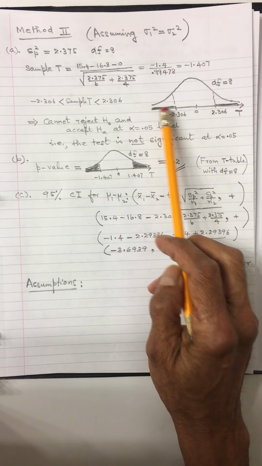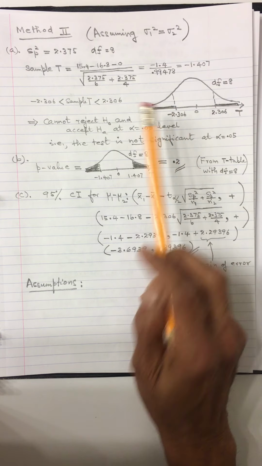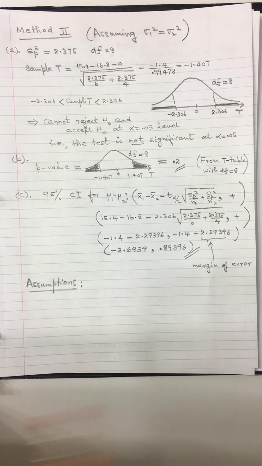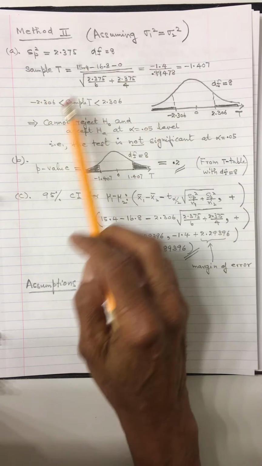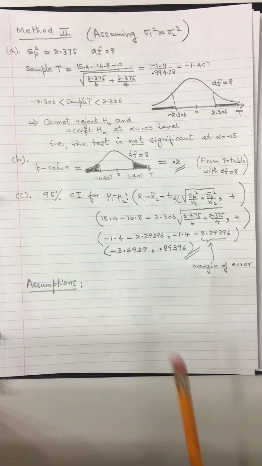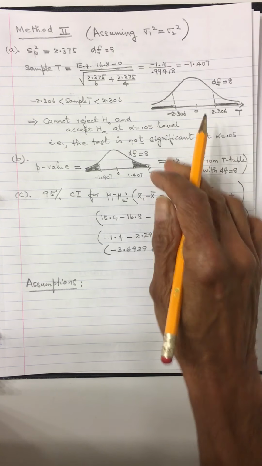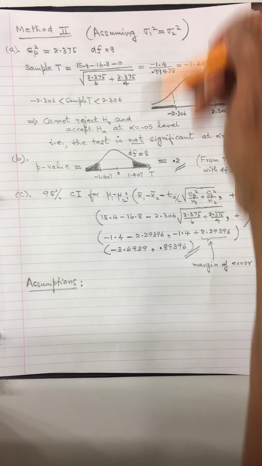So this value is still in between here, not in the rejection region. So you still cannot reject H naught and accept HA at that level, even if you use that. So the test is still not significant, even with this test.